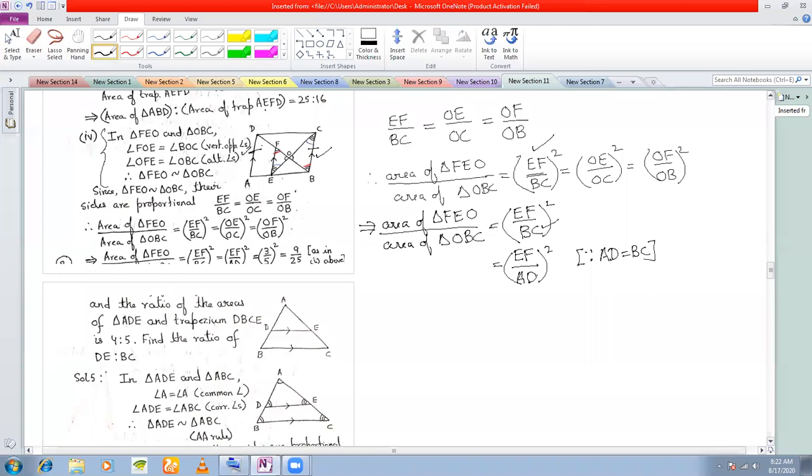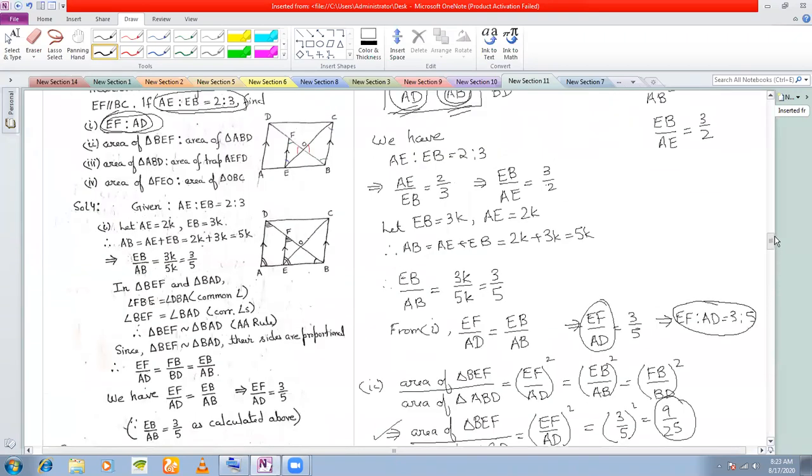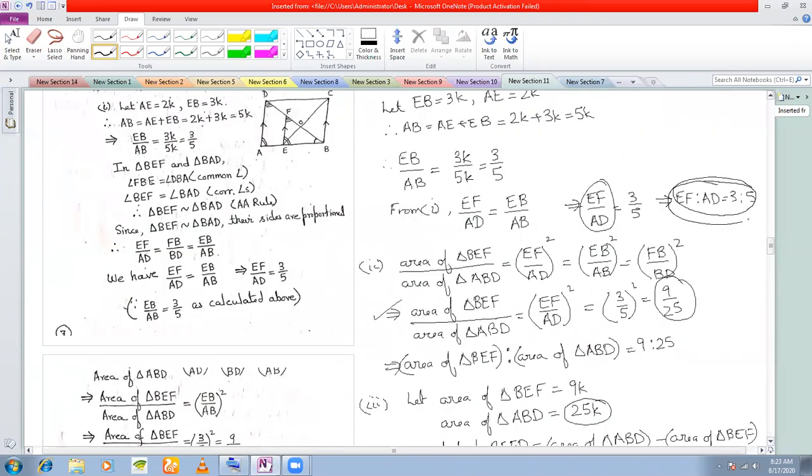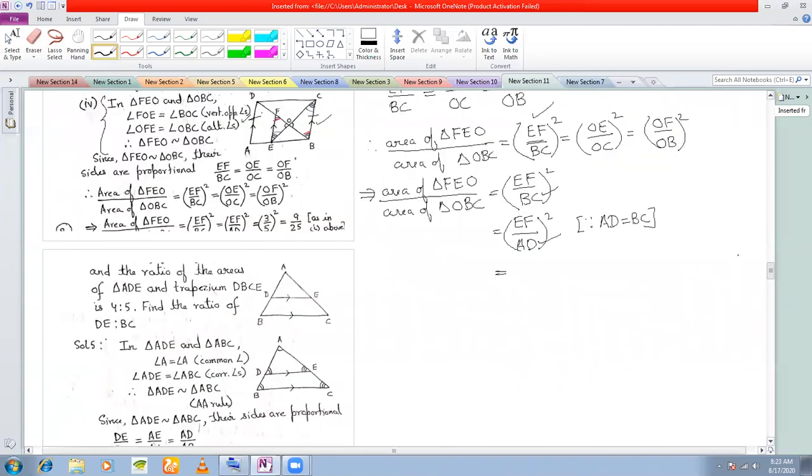Now I know EF is to AD, so I'll simply put 3 is to 5. Now we have 9 by 25. So therefore, area of triangle FEO is to area of triangle OBC is equal to 9 is to 25.